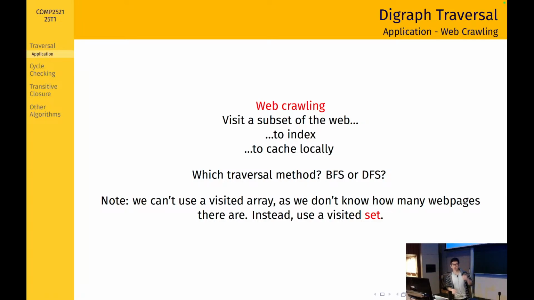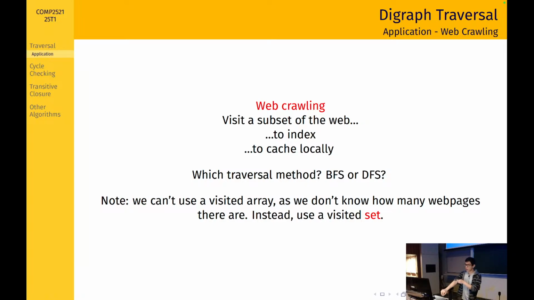So you start at a particular web page, and from that web page, your web crawler is going to follow all the hyperlinks contained on that web page, right? That's going to take you to other pages. Those pages are going to contain more hyperlinks, and so on and so forth. So you're exploring kind of a sphere of the web, right, from your starting point.